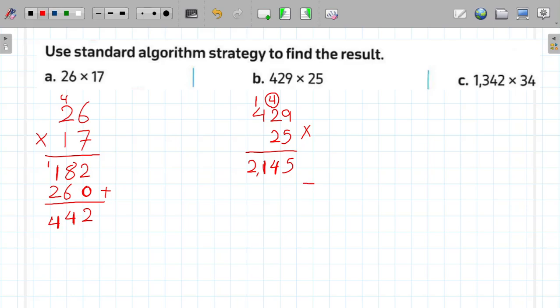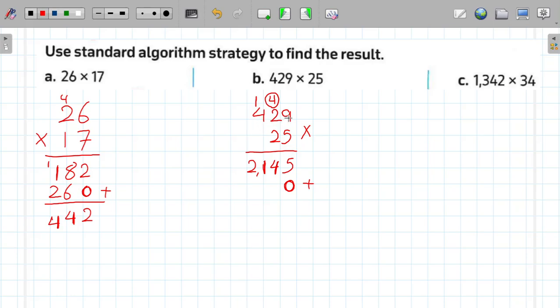2145. I will multiply the big number by the second digit. So I have here 429 times 2. But first, I will write just 0 because I multiply by the tens digit.